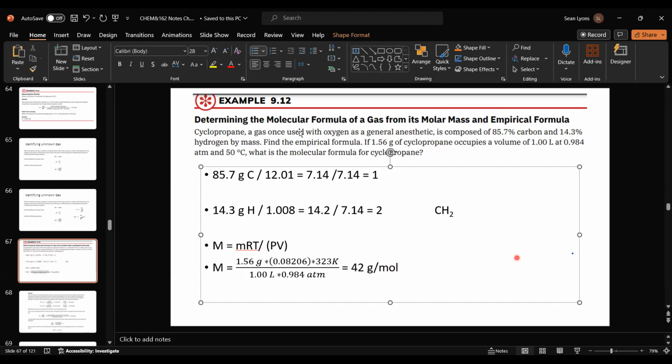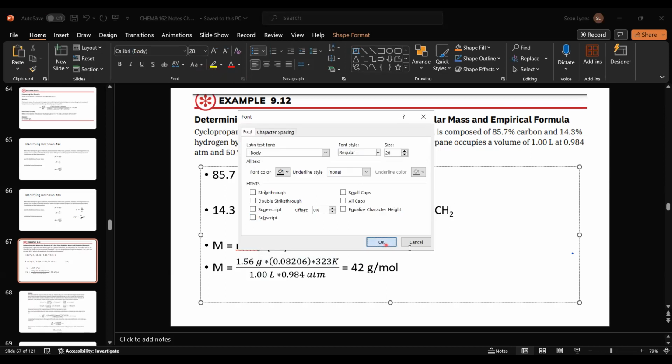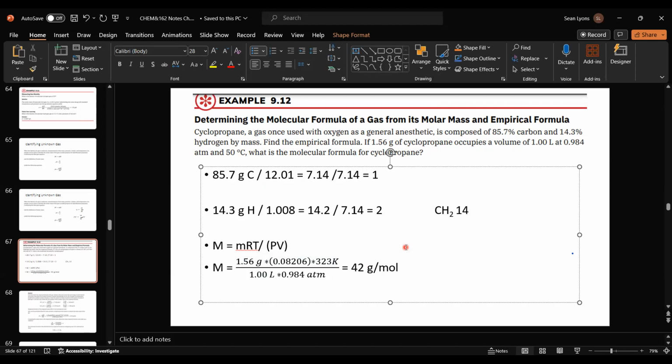So what we've got to do is figure out for the empirical formula, what is that mass? So 1 carbon plus 2 hydrogens is going to be about 14. So I'm rounding this just to make it easy. So if we've got a molar mass for the empirical formula of 14 grams, but the actual molecule weighs 42, 42 divided by 14 is just 3.